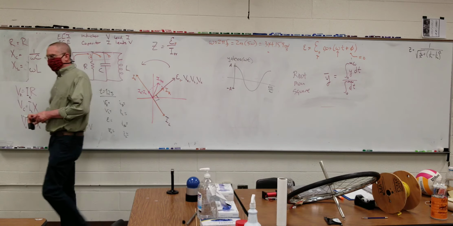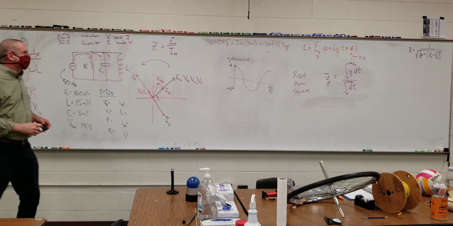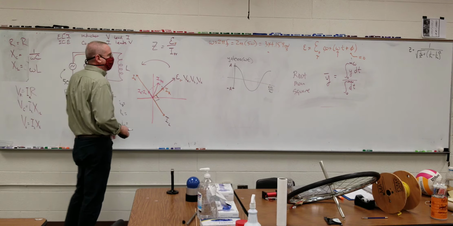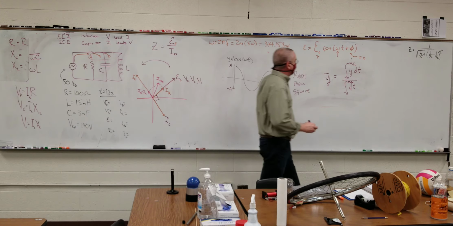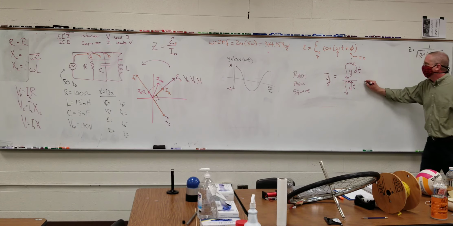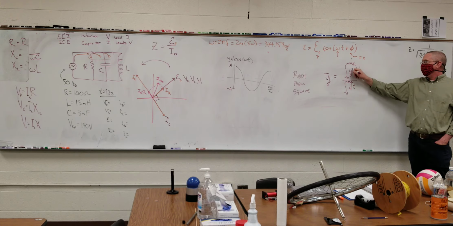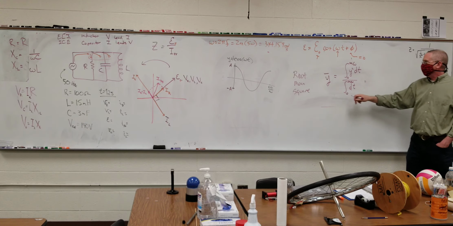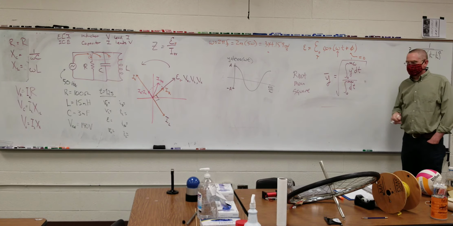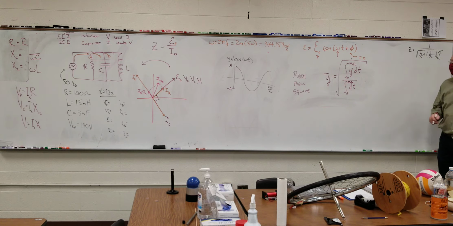Classic calculus form of finding average. But because we have to square it first, we square it, then find the average, and then take the square root.